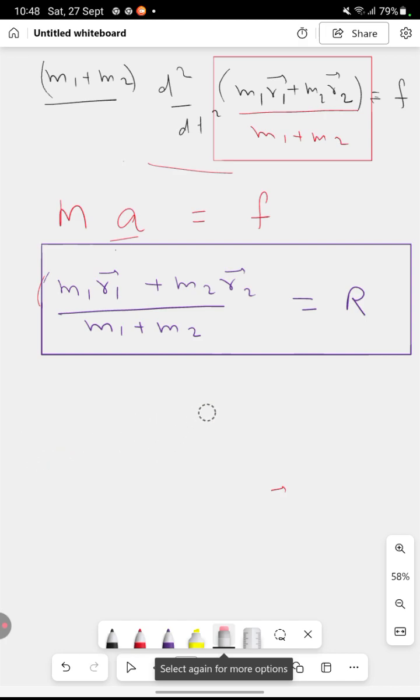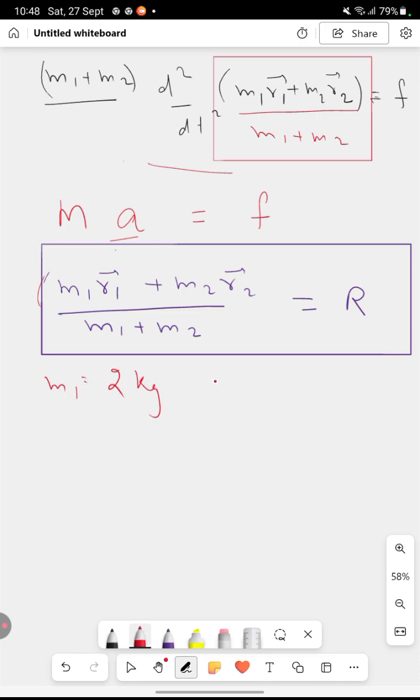Now if we are given mass m1 as 2 kg, m2 as 3 kg, r1 as 2 meter, r2 as 4 meter, then we can use this formula and find the center of mass.